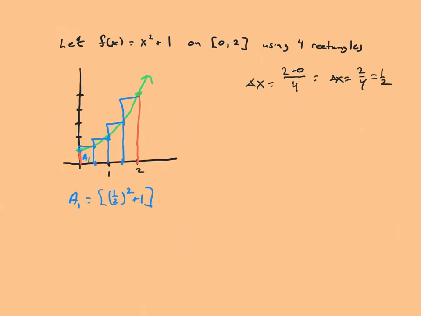That's going to be the height of that. Multiply it by my base, which is 1/2. So 1/2 squared is 1/4, plus 1 is 5/4, times 1/2 will come out to be 5/8. Take a minute, double check that calculation. I'm going to have to do that for each one.